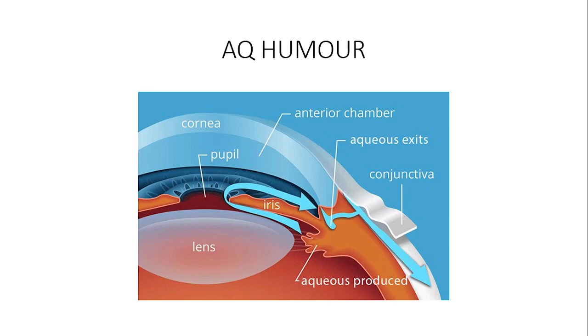Among the long-term variations, what can we talk about? Age. The older we are, the higher the risk of getting hypertension. And when we have high blood pressure, at the level of the blood aqueous barrier, the level of ultrafiltration and diffusion will be higher. There will be more production of aqueous, and that will increase intraocular pressure. So that is age for you.